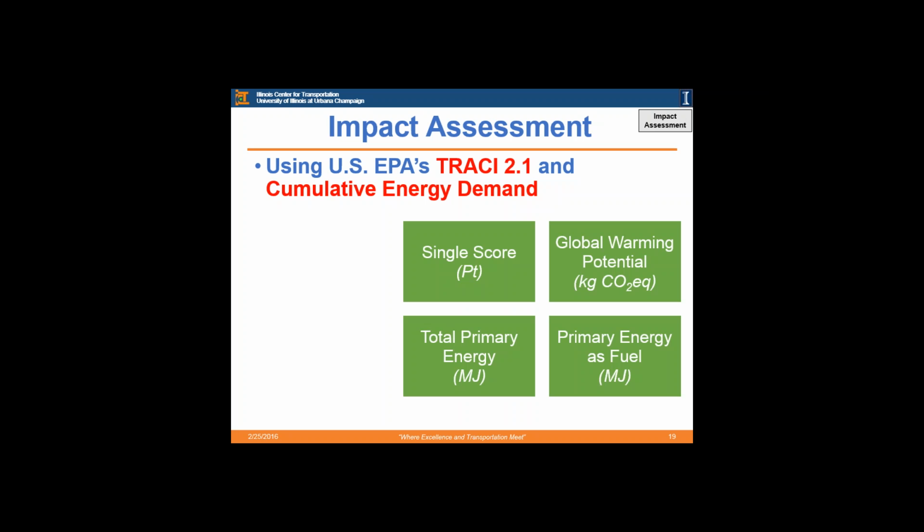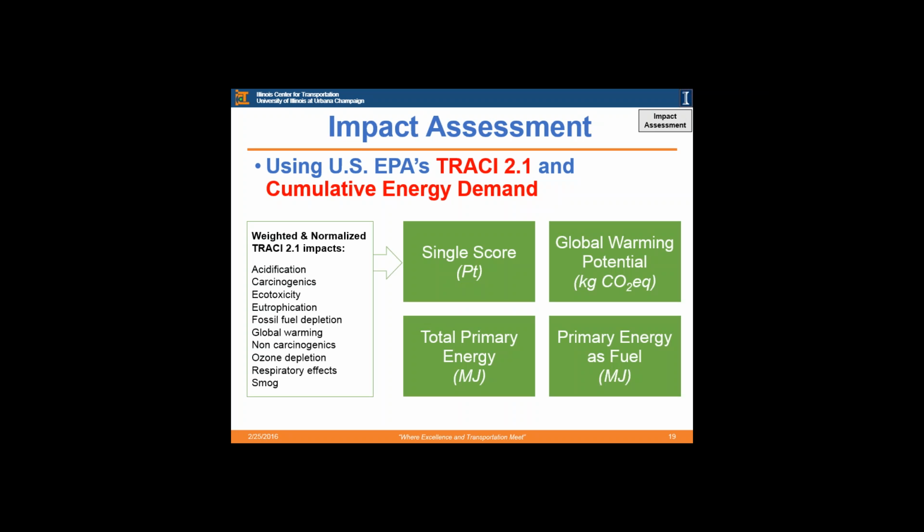So the 4 different types of impacts we studied were single scores. This is from that TRACI methodology, and it looks at about 10 different impacts and weights them and normalizes them into a single indicator score. We also look at global warming potential because that is a very well-known impact right now.